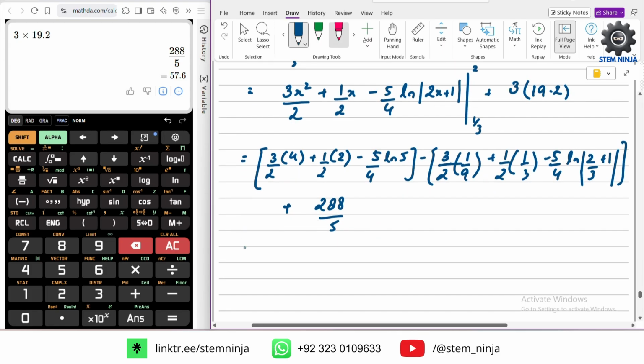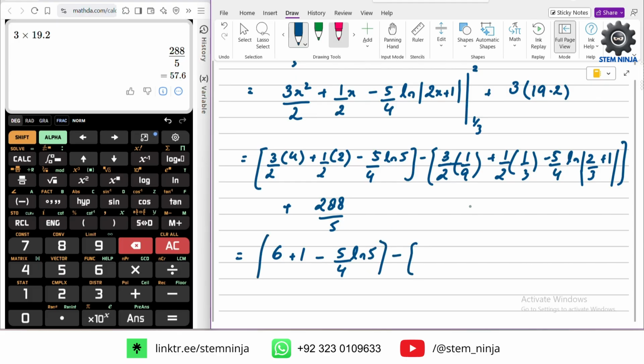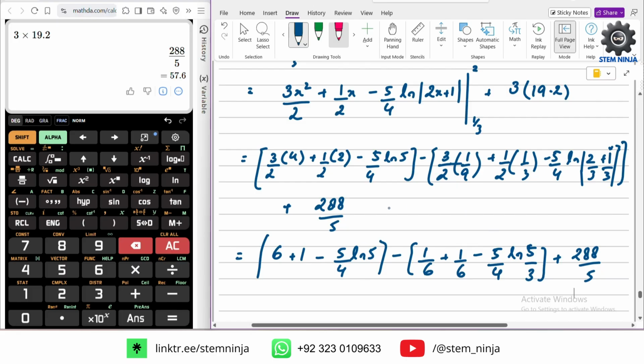Okay. 12 divided by 2 is 6 plus 1 minus 5 over 4 ln 5 minus 1 over 6, 3 plus 1 over 6 again minus 5 over 4 ln 5 over 3 basically. 3 times 3, so 5 over 3 plus 288 over 5. Right, okay.